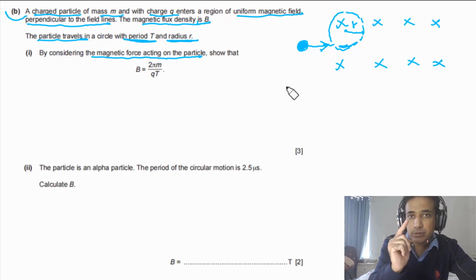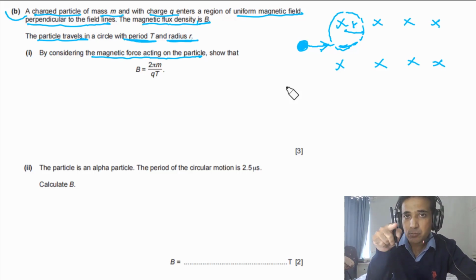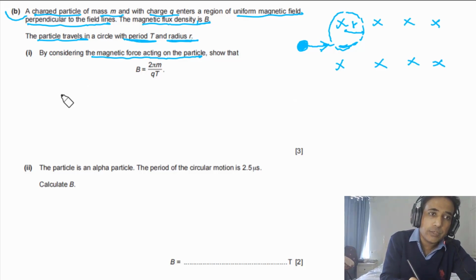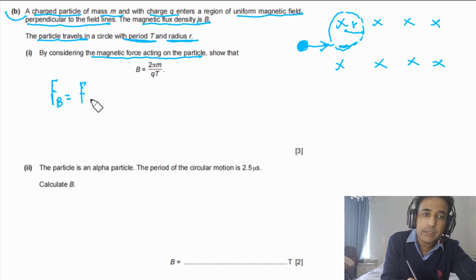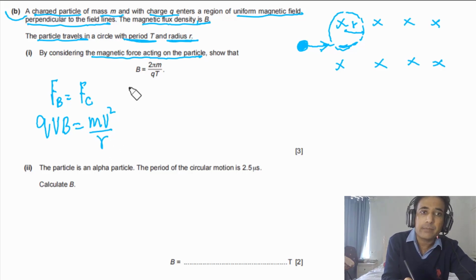Now we need to understand why this particle is moving in a circle, because in this case centripetal force is provided by magnetic force. So we can start with this one. Magnetic force is providing the centripetal force, and magnetic force is qvB, and centripetal force is mv squared divided by r.